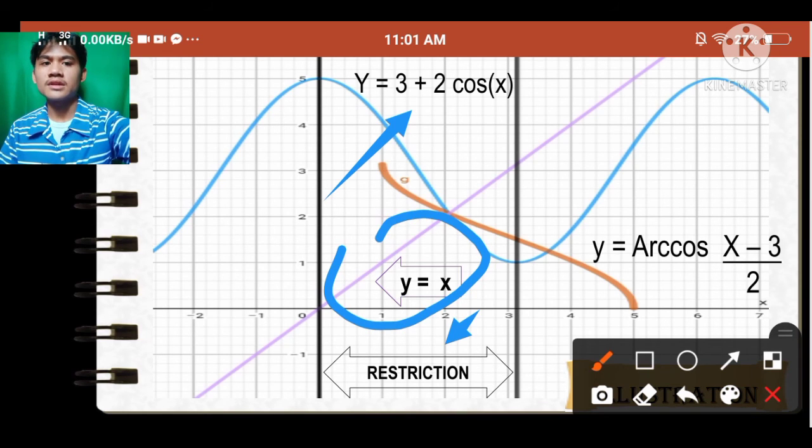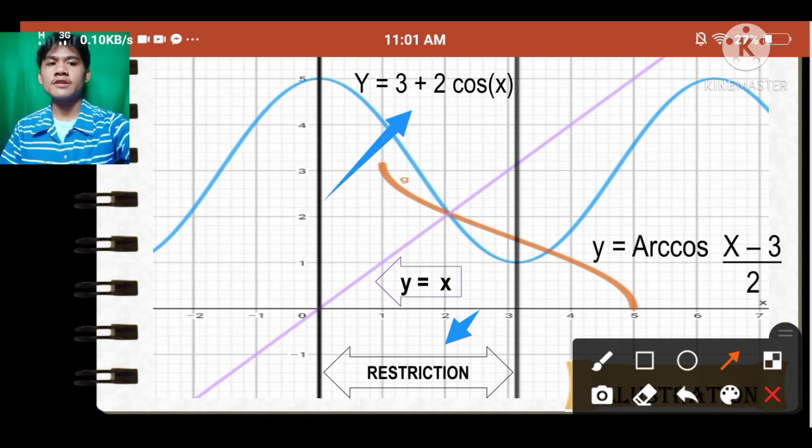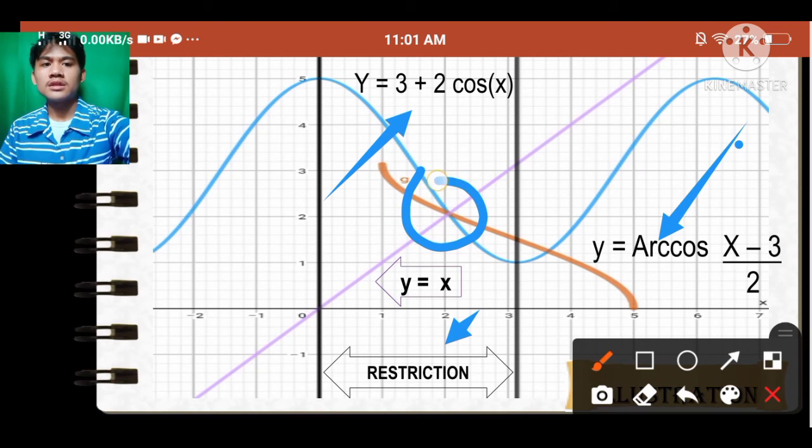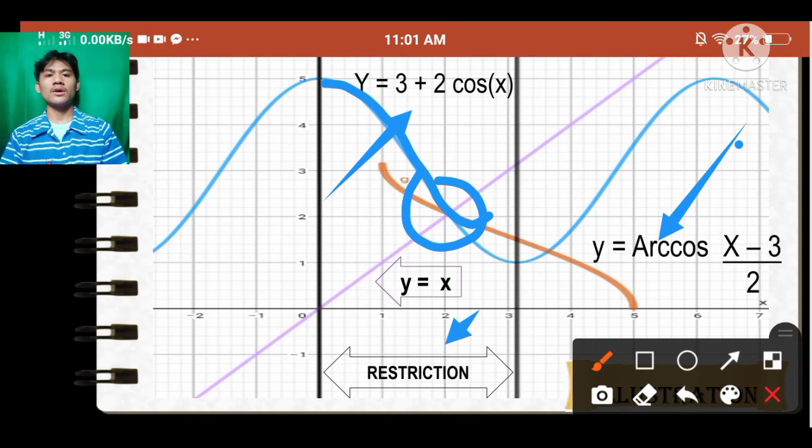To visualize the inverse, we have this new inverse function, which is the orange line. As you observe, the orange line is just a reflection of the restricted one-to-one function, the blue line here.